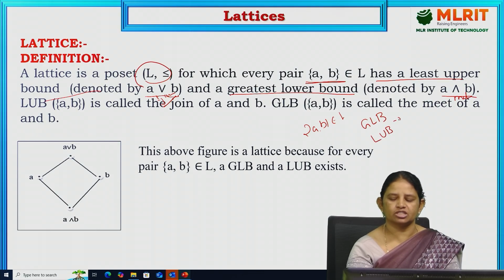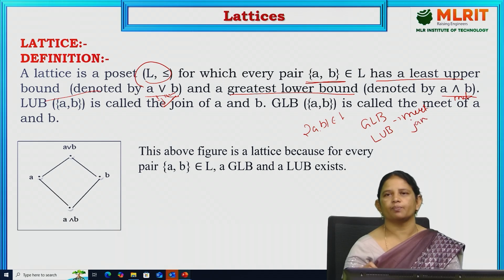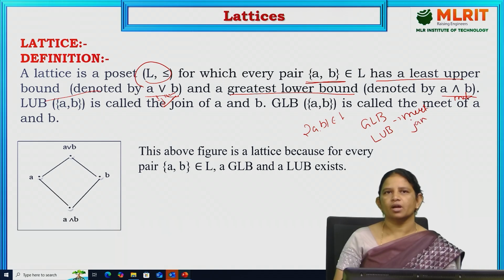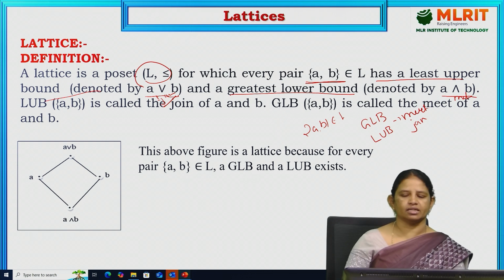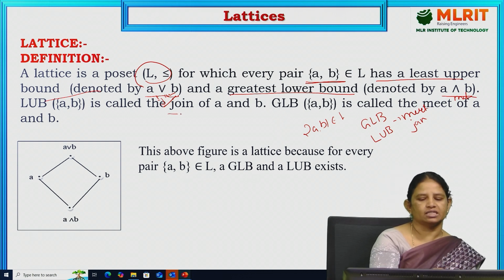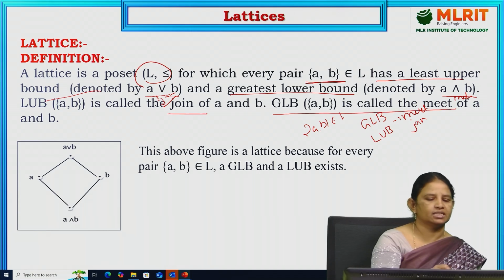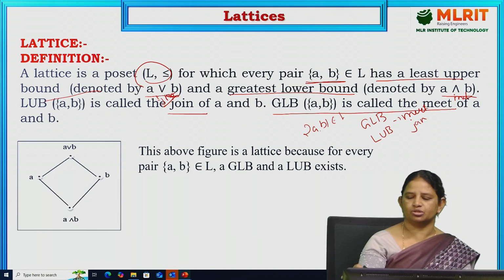The LUB is called the join and the greatest lower bound is called the meet.